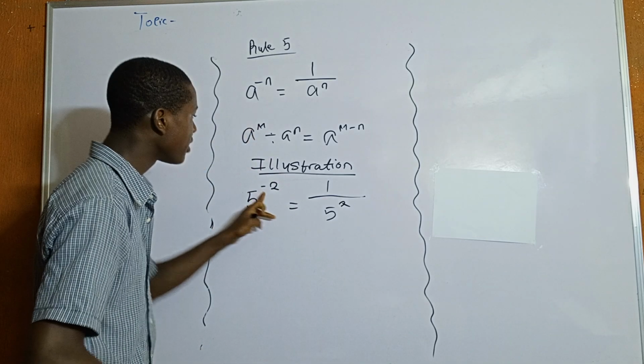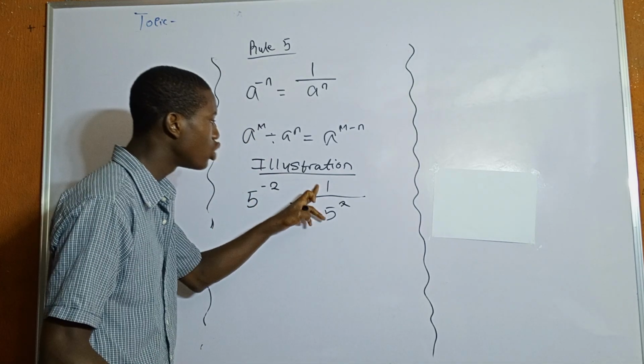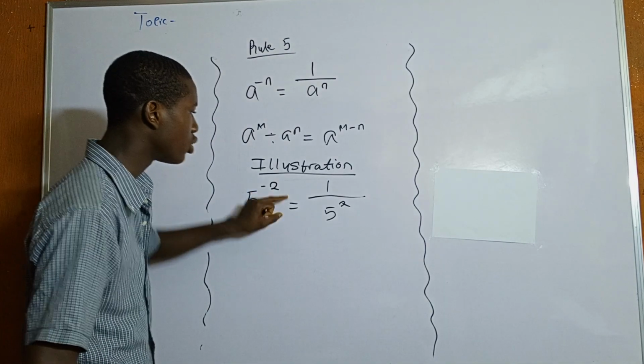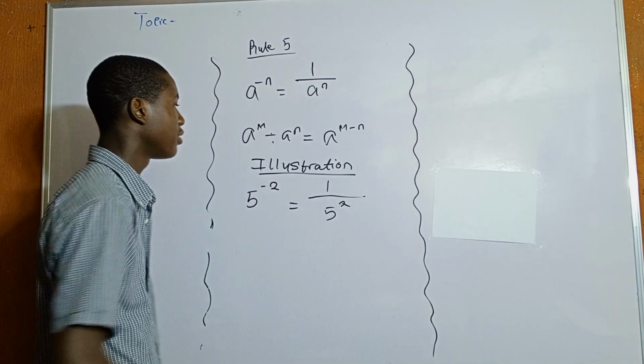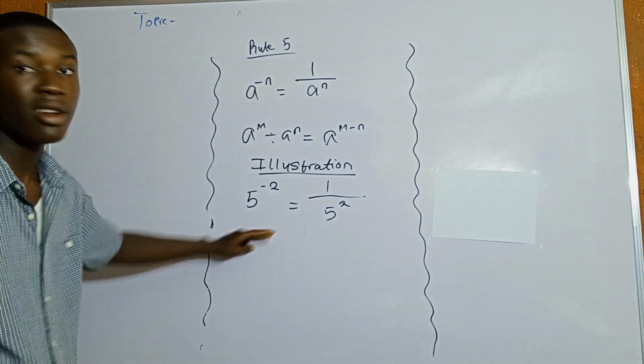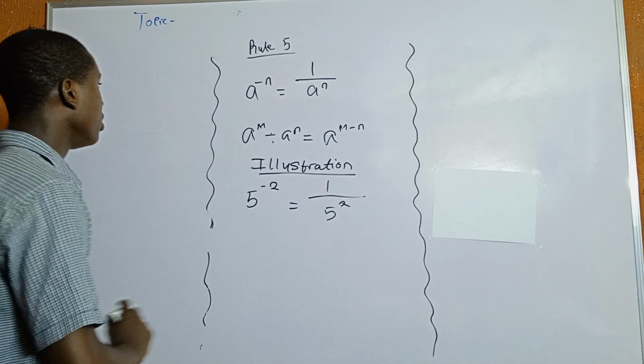Now the negative sign is turning into this 1 over. Then this 5 and this 2 becomes 5 raised to the power 2. But how was this law derived? Now let me show you.